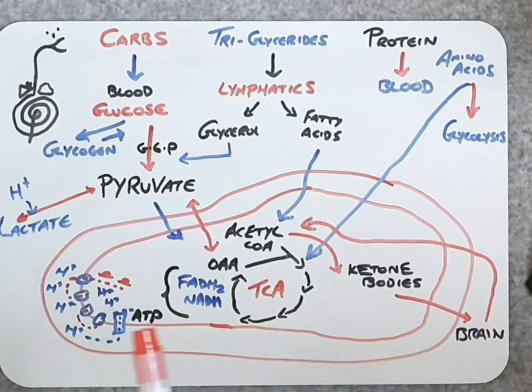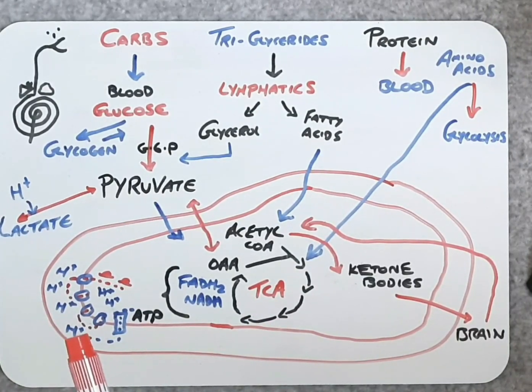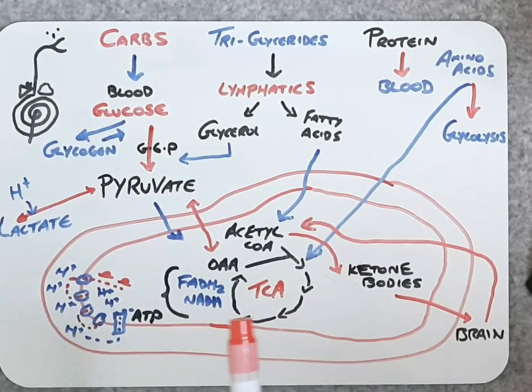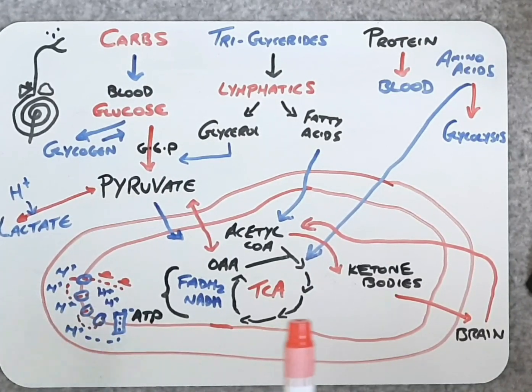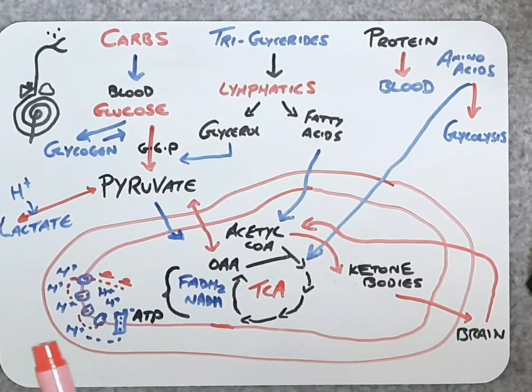And we'll cover these two, the oxidative phosphorylation, which is the electron transport chain, and the Krebs cycle, in more in-depth looks in further episodes, but this is the basics of what is happening here.